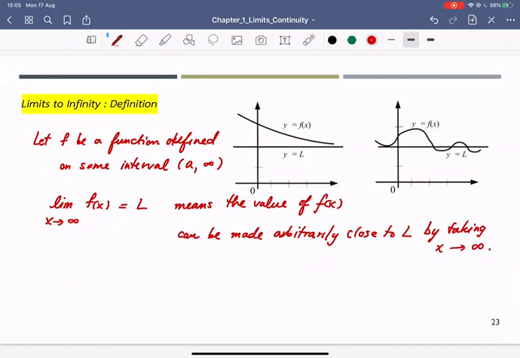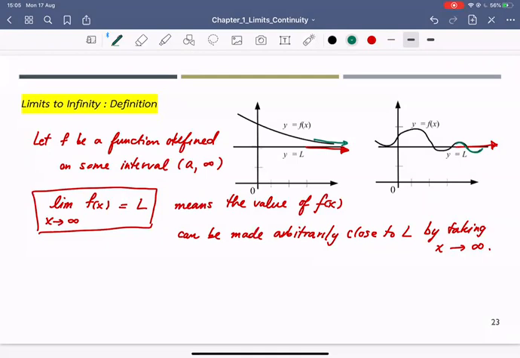This notation means when x goes to infinity, the value of f(x) gets close to L. You can look at the picture here. When x goes to infinity, the value of f(x) just gets close to L. We don't care about the behavior of where x comes from, but we care where x goes to infinity.